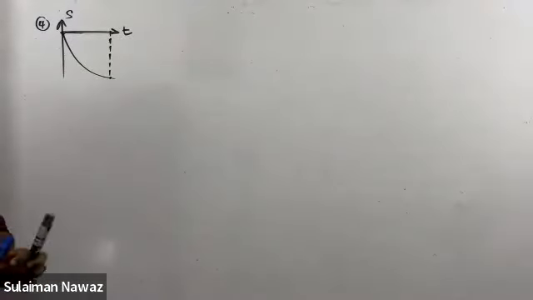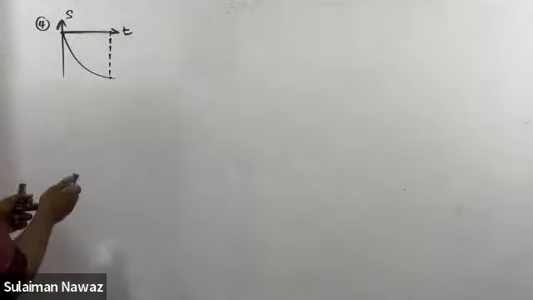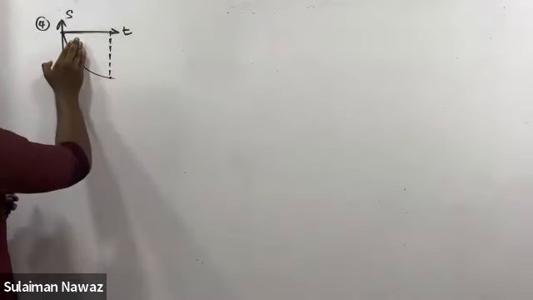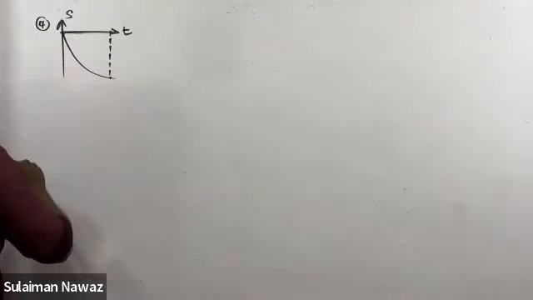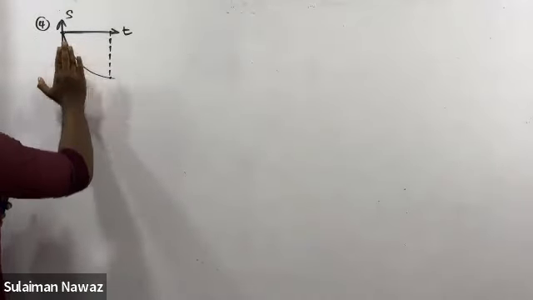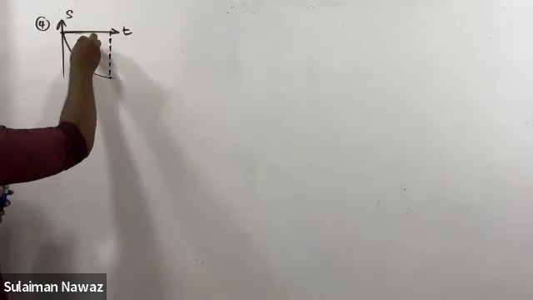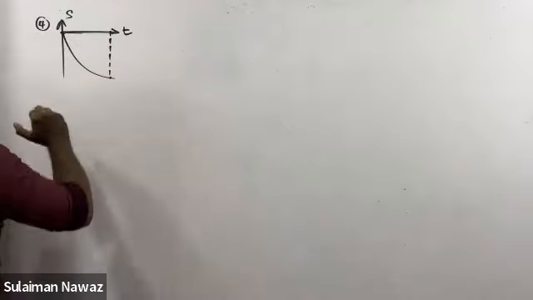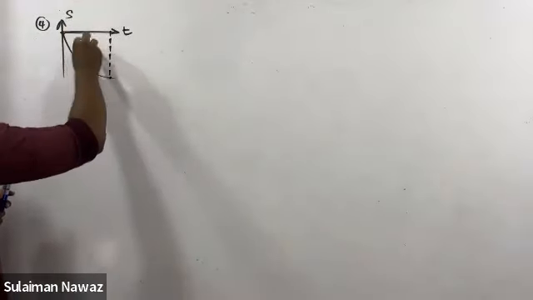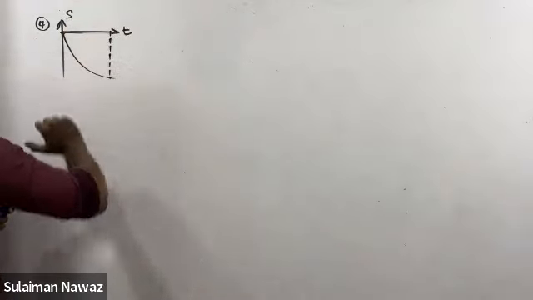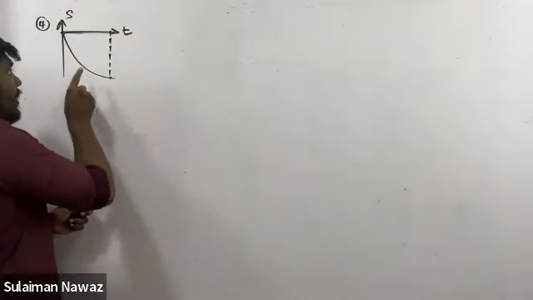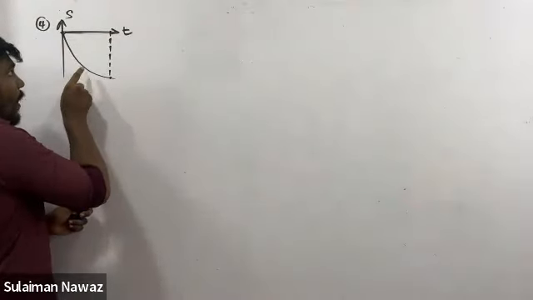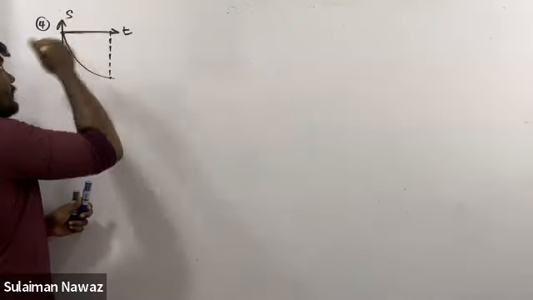Now in that case, just think about what's happening. Now what's happening to the gradient? Displacement time graph, gradient represents velocity. What can you say about the variation of velocity through the time?